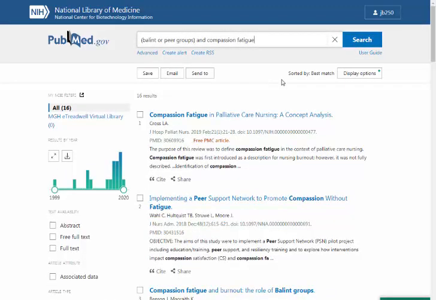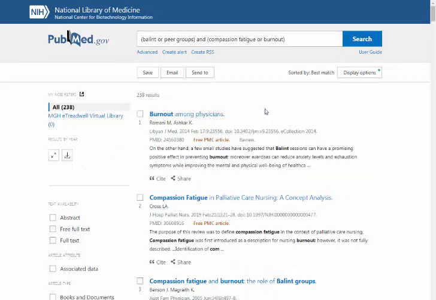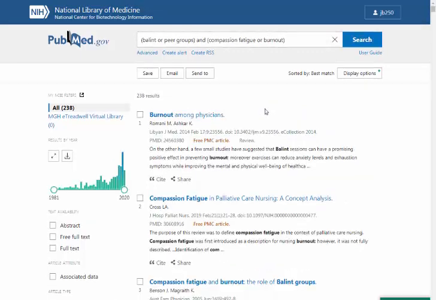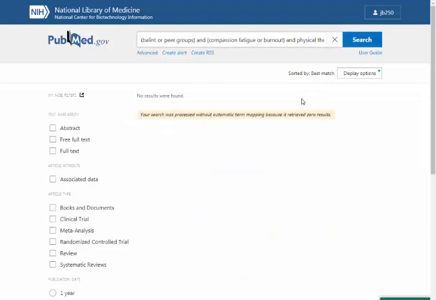We can do the same with compassion fatigue, once again using parentheses. Now we might see about adding our population back in. Uh-oh.